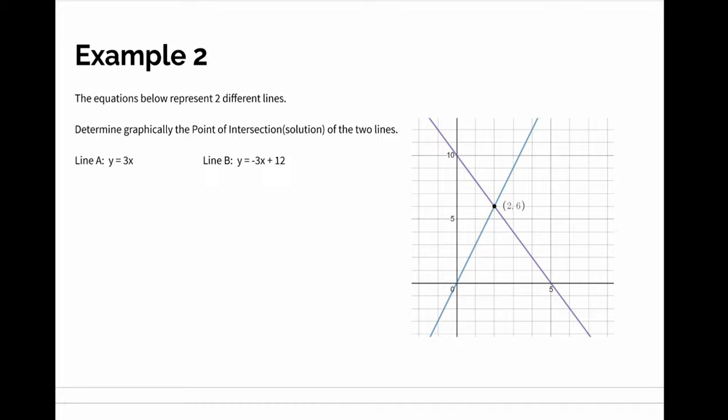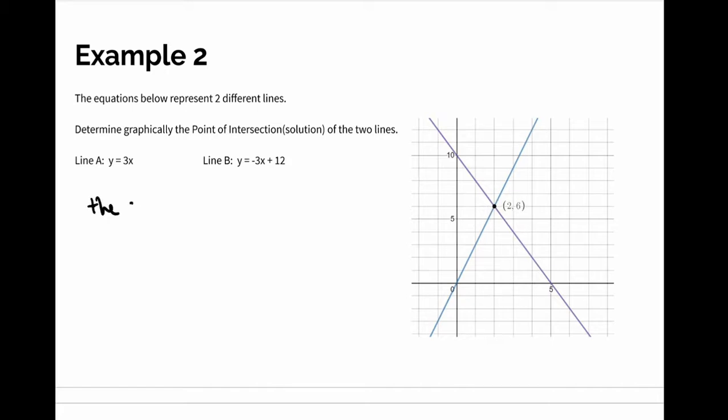In the second example, this one is just looking at two equations in general. We want to determine graphically the point of intersection or solution of the two lines. So if you didn't have the graph, you can plot the graph or graph it. You can enter it into Desmos, and you should get something like this. And what you would see here, where they cross, is already nicely labeled for you, or if it wasn't, you should be able to see where they cross.